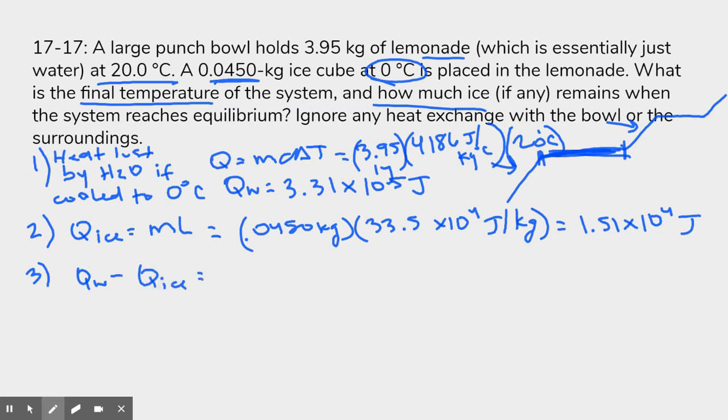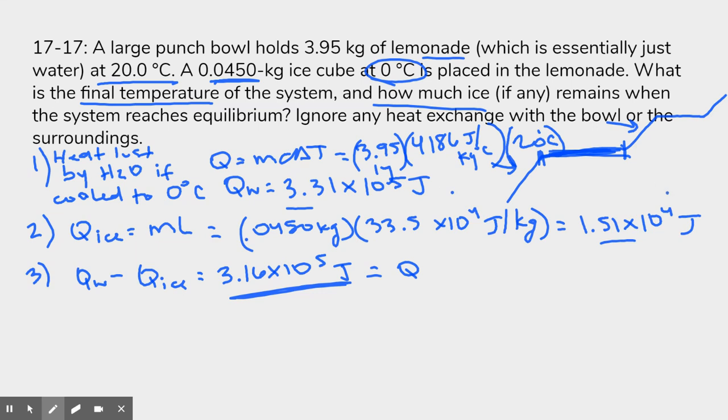So that's going to be this value minus this value. And when you do that, you should find a value of 3.16 times 10 to the fifth joules. So we're going to call that our Q. So this is how much heat is left over after both these two processes have occurred.